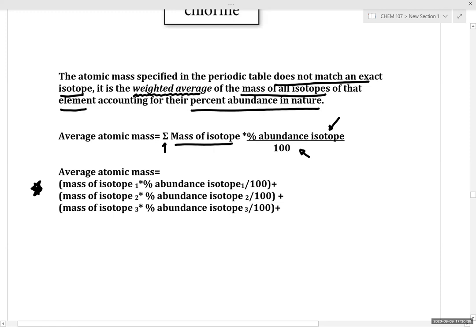The average atomic mass is the mass of isotope 1 times the percent abundance of isotope 1, plus the mass of isotope 2 times the percent abundance of isotope 2, and you keep adding up the masses times the percent abundance until you've added up all of your isotopes. Don't worry if this equation seems a little complicated at first glance. In reality, it's relatively straightforward as long as you're careful with your calculator.